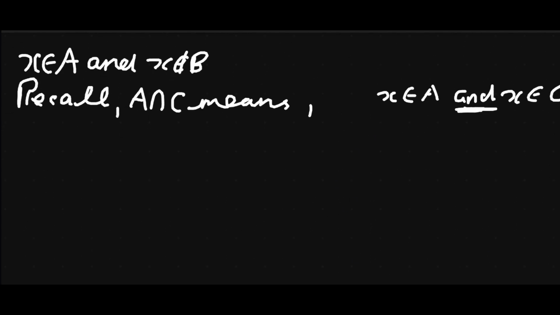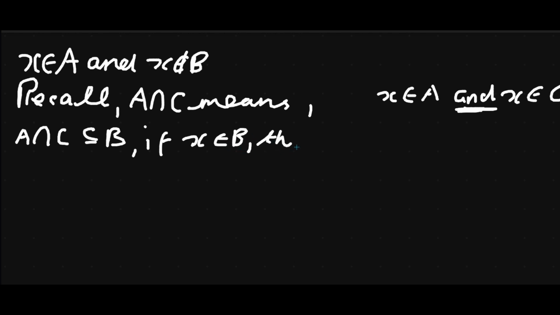So if A intersect C is a subset of B, it means if X is in B, then, well, it's just what we've just written. If X is in B, then X is in A and X is in C. Okay, very nice.